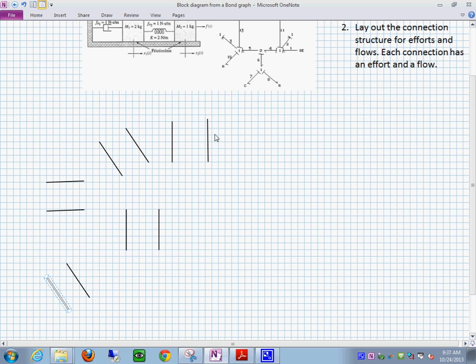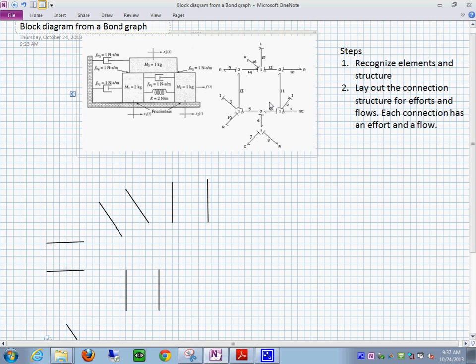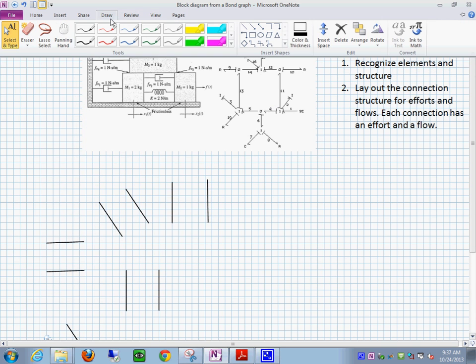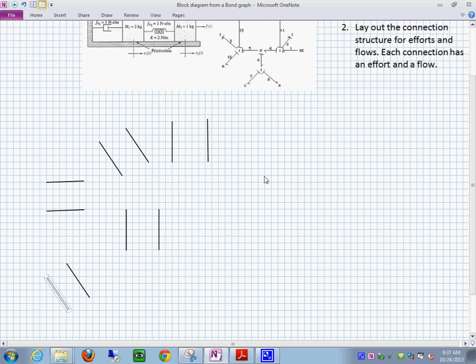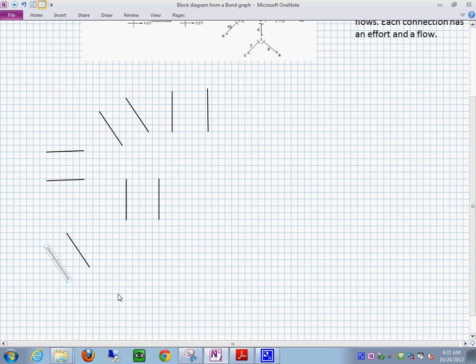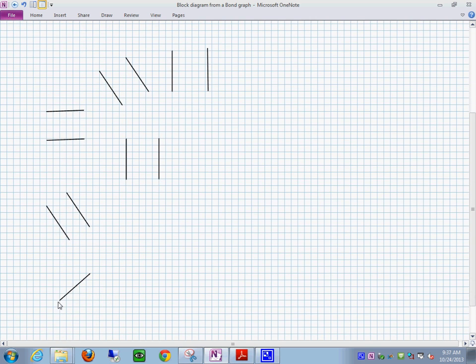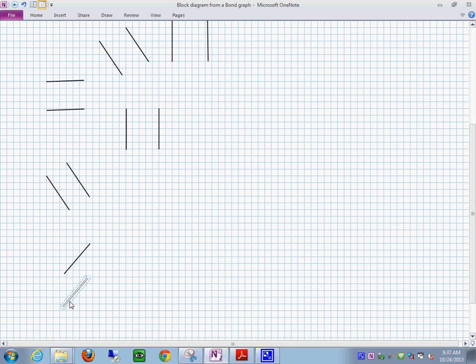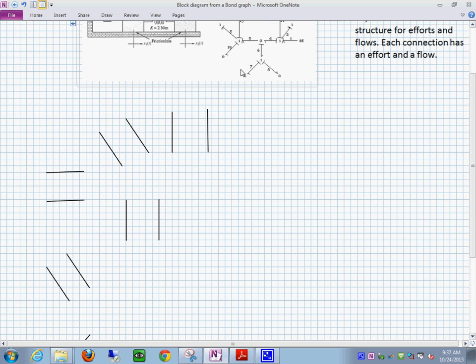This has a different inclination, so I will draw again one line with the inclination like this, and then we're gonna go this way, and then we'll build it for the other element. So we have laid it out for this.